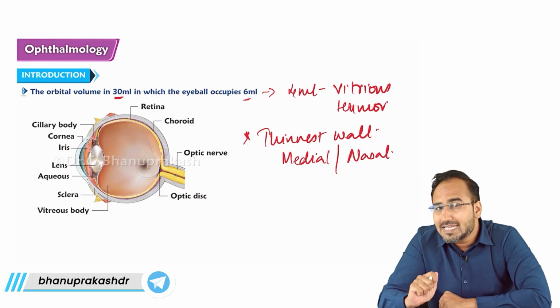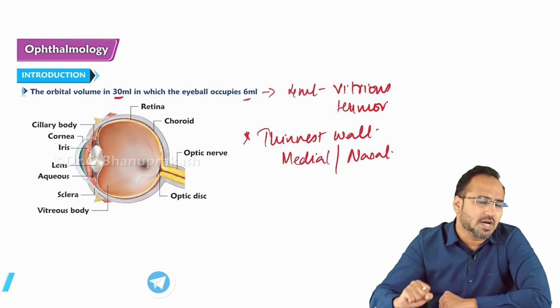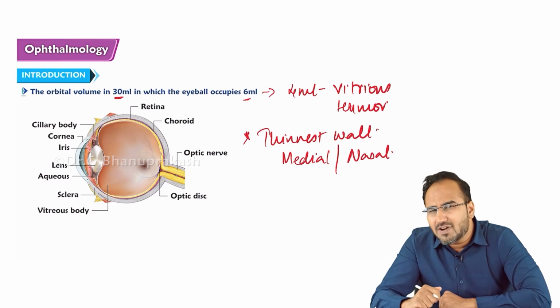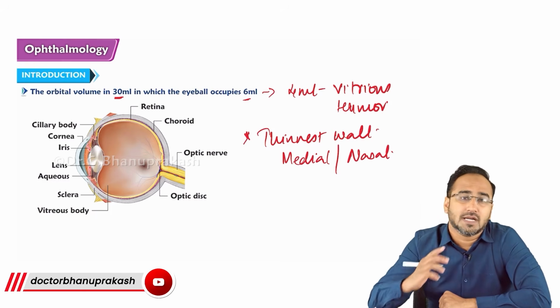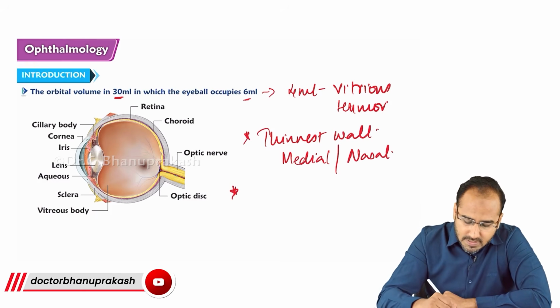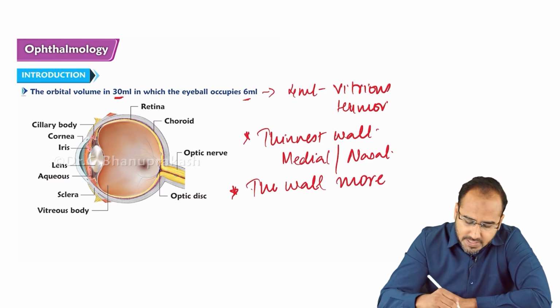But the wall that usually develops a blowout fracture whenever there is a trauma to the orbit, the orbital wall which is easily damaged in trauma, is the inferior wall.